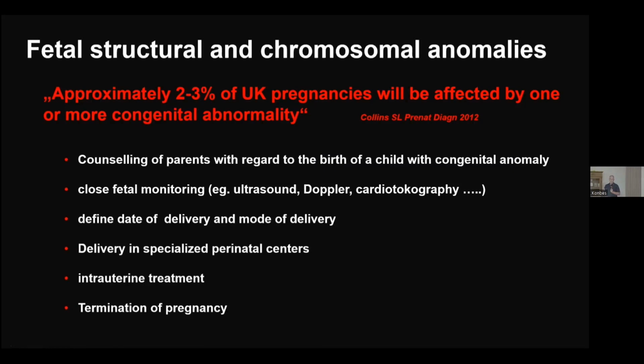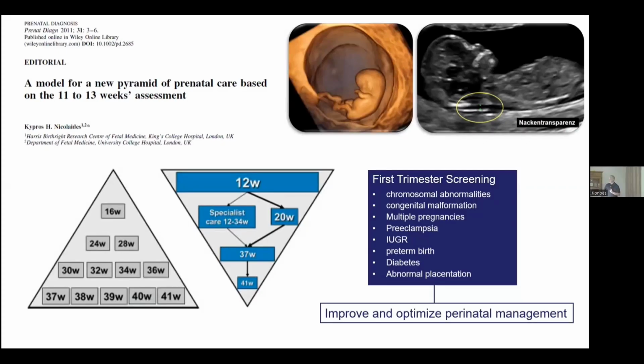We have to discuss it in detail with the parents and also with our ethics committee. So Nicolaides was one of the pioneers who said, okay, we have to do ultrasound as early as possible in pregnancy.